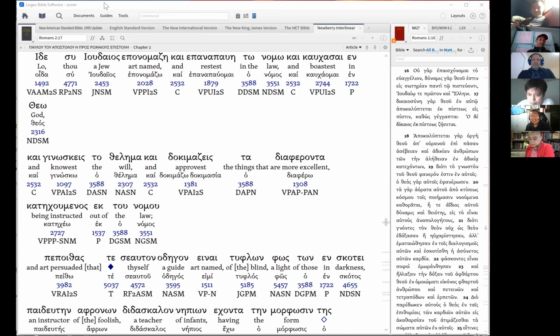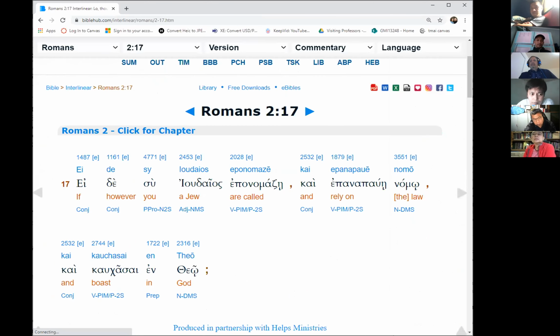I'm just nervous to use the internet because I had trouble, though the Wi-Fi was okay. Romans 2. All right. Now, yeah, this is a little easier than more modernized English. Okay, so let me flip over to the interlinear. Here we go. Okay, hopefully you guys can see this.